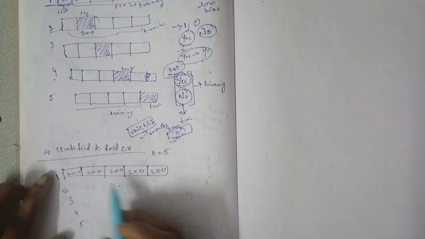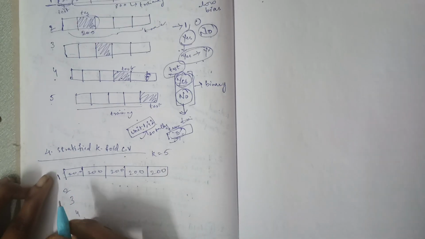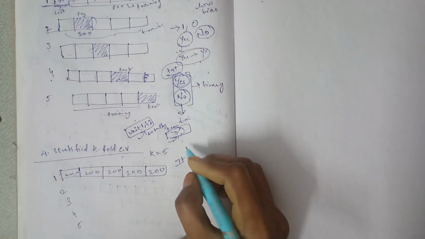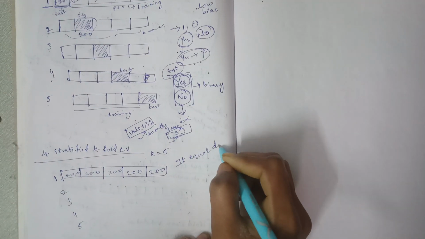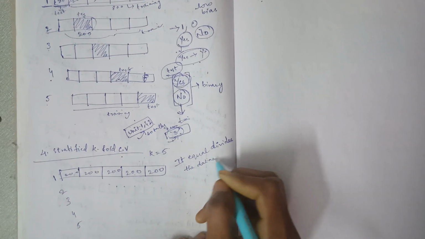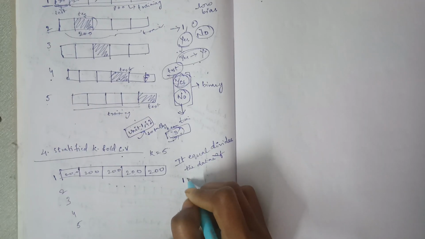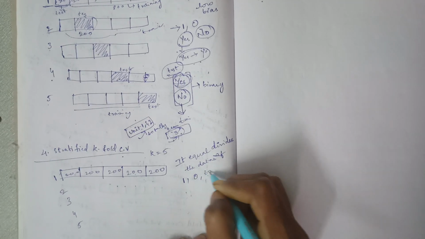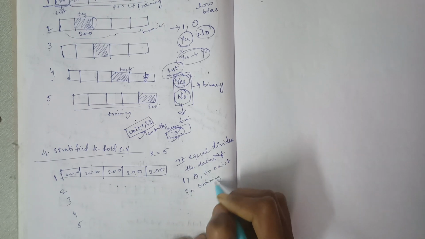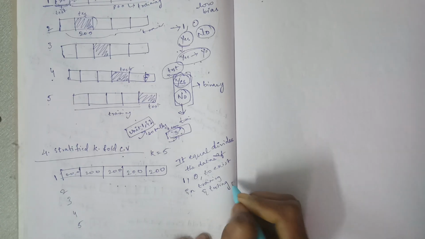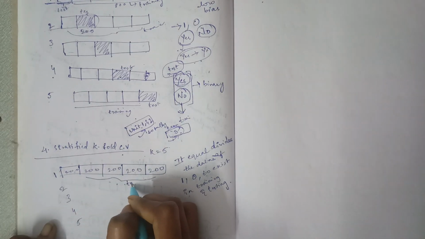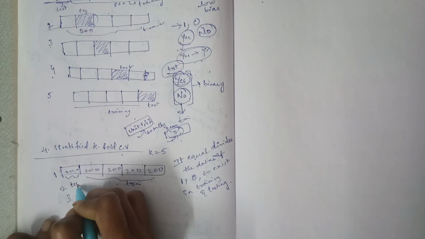What it does is, in the stratified K-fold cross-validation, it equally divides the data set of ones and zeros to exist in training and testing, which is nothing but an equal proportion of yes and no's in the training data set and in the testing data set.